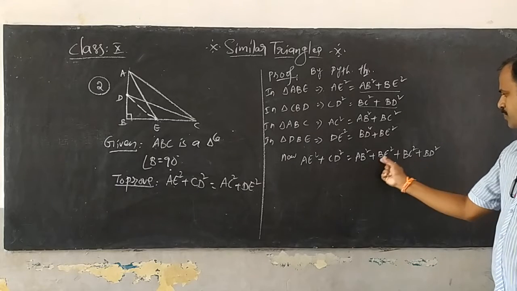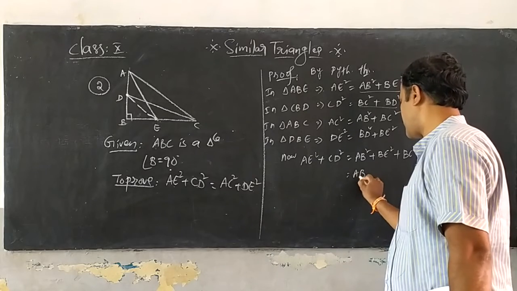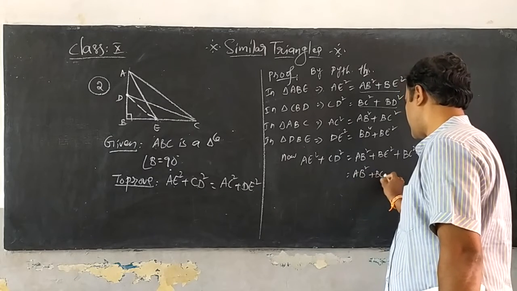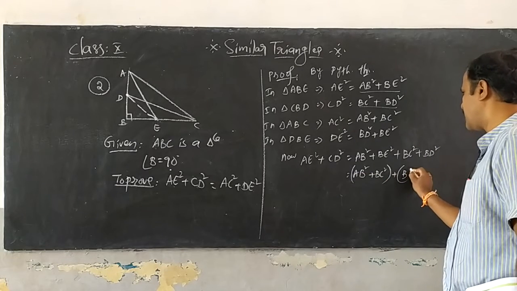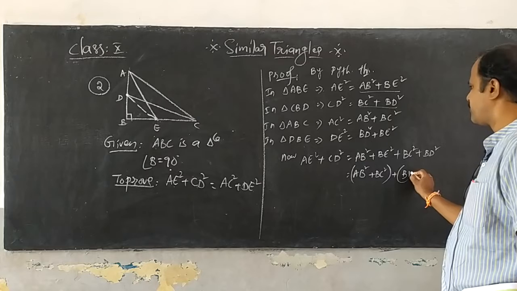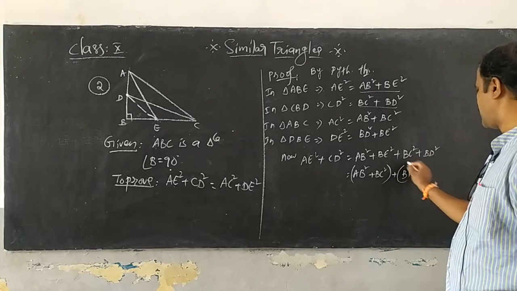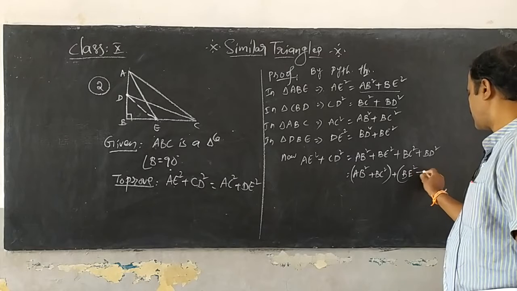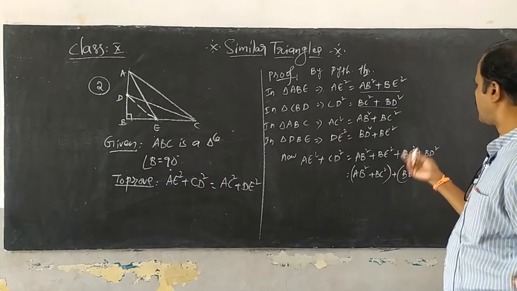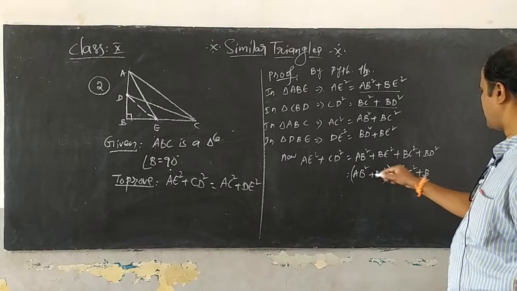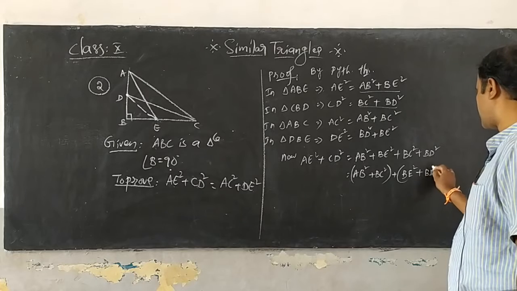I interchange these two, so you get AB square plus BC square as a team, and BE square plus BD square.